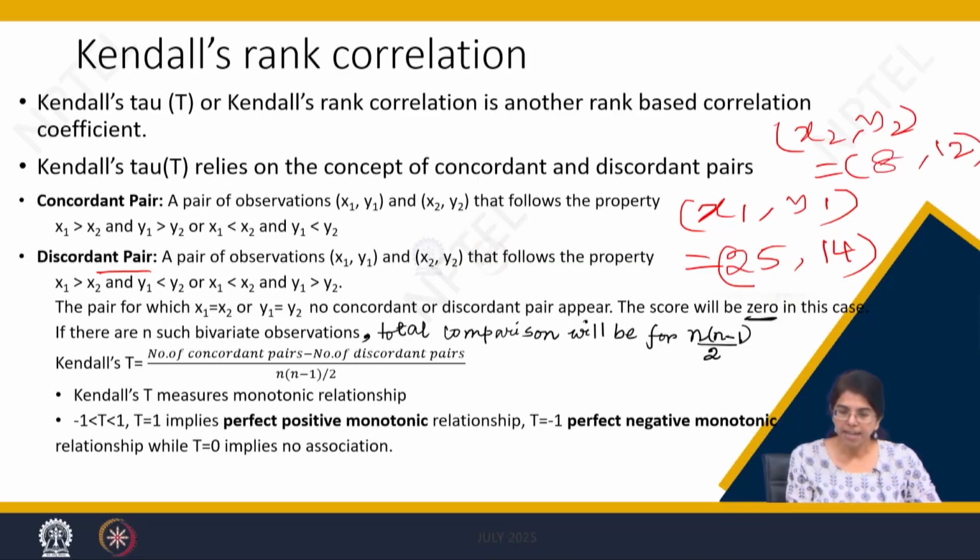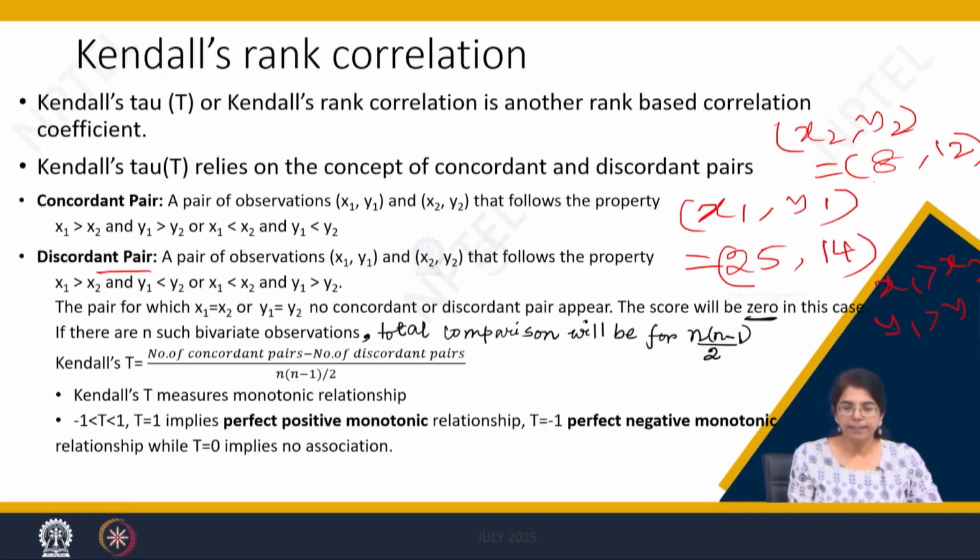Now you can see that x1 is bigger than x2, because x1 is 25 and x2 is 8, and y1 is 14, which is also bigger than 12, so y1 is bigger than y2. So in this case we say that x1, y1 and x2, y2 are concordant pairs.